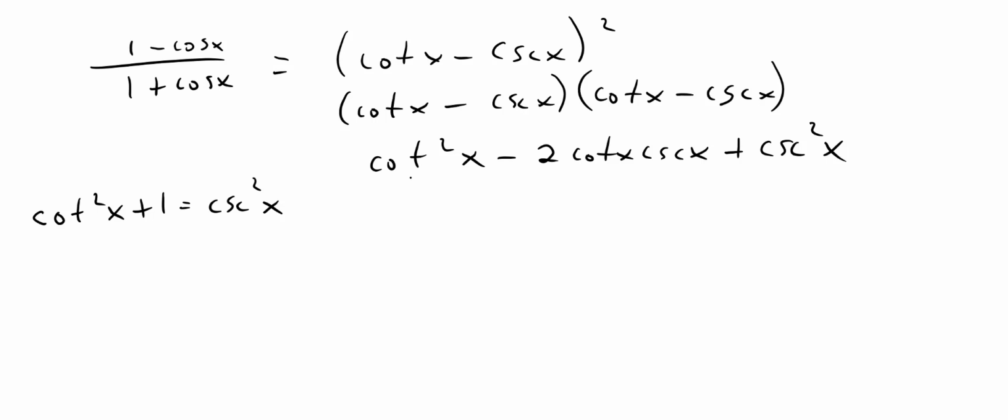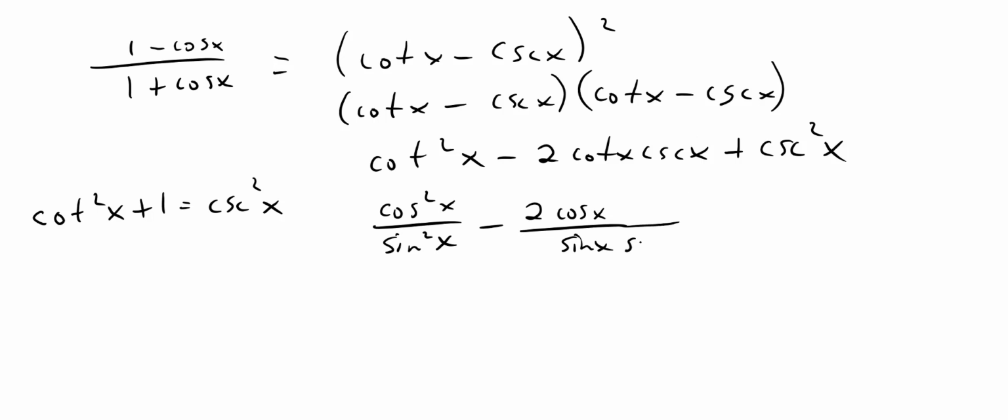Okay, we could try it. All right. Cotangent squared of x is cosine squared of x over sine squared of x minus 2 cosine of x over sine of x. And then cosecant is 1 over sine of x, so plus 1 over sine squared of x.